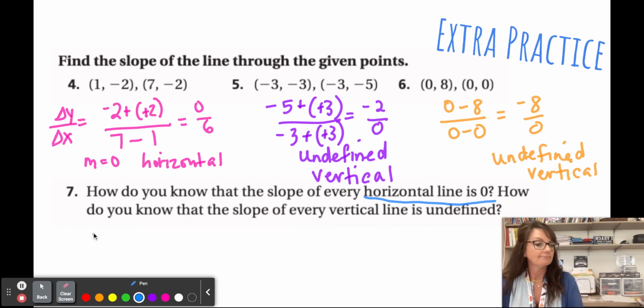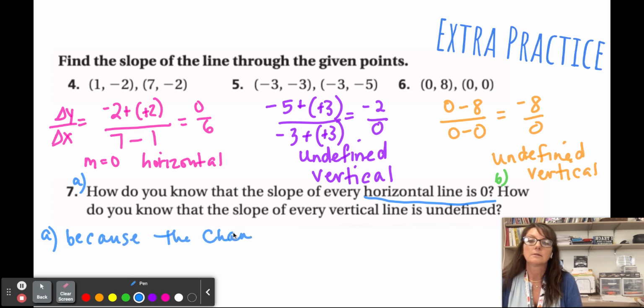So let's call this A, and then we'll call this B, so we can kind of answer them. So A, well, because the change in y is 0. There's no slope, right? The change in y is always going to be 0.